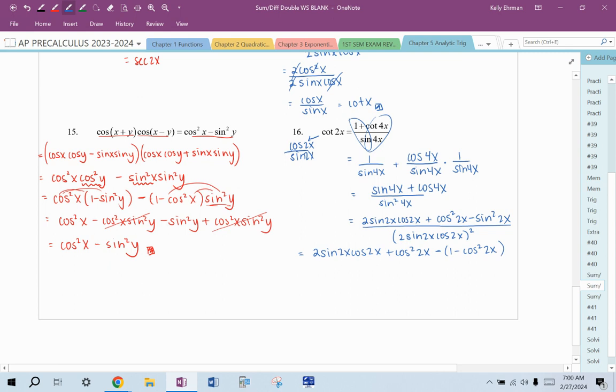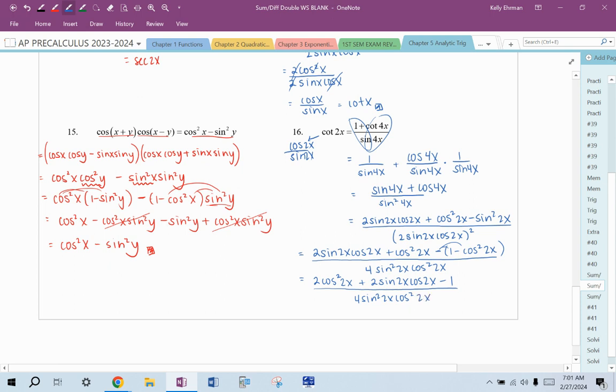Okay, and in the denominator, let's make that 4 sine squared 2x cosine squared 2x. So let's see, does that get us anywhere? We get 2 cosine squared 2x plus 2 sine 2x cosine 2x. There's still a minus 1 up there. Over 4 sine squared 2x cosine squared 2x.